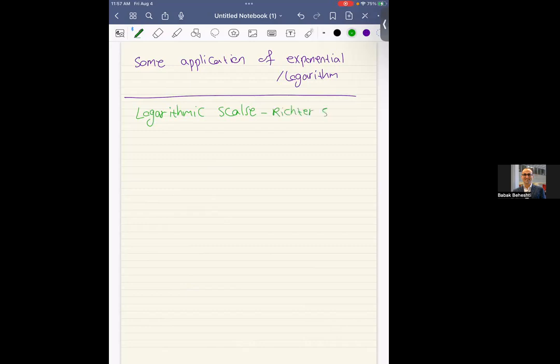So one example is the Richter scale for earthquakes. So the magnitude M, the magnitude of the earthquake, or maybe I can say, if you have two earthquakes with magnitudes M1 and M2, the difference in the magnitudes is equal to log of I1 over I2.